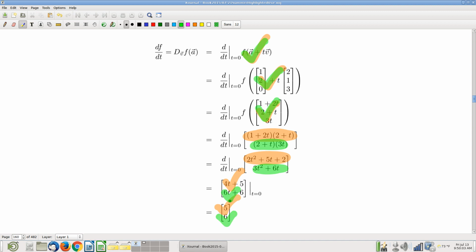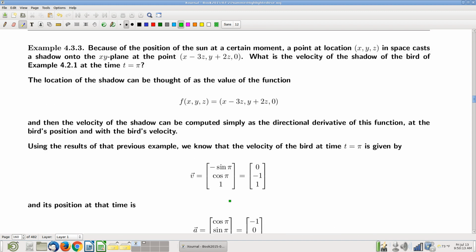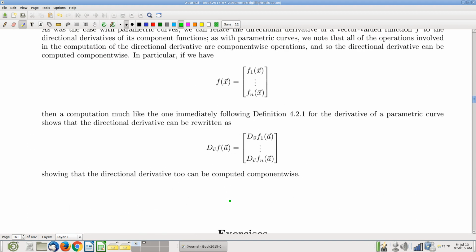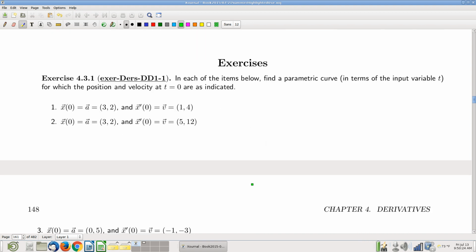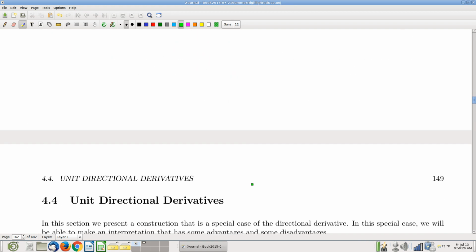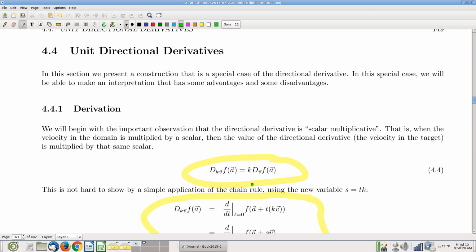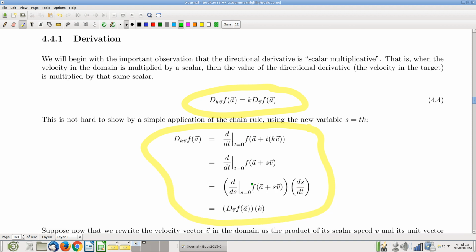It's the exact same algebra. You can do them in parallel, or you can do them one at a time. Same algebra. Doesn't make any difference. Again, the easier way to see this is to realize, well, of course it should be. This is a parametric curve. We already know derivatives of parametric curves are computed component-wise.